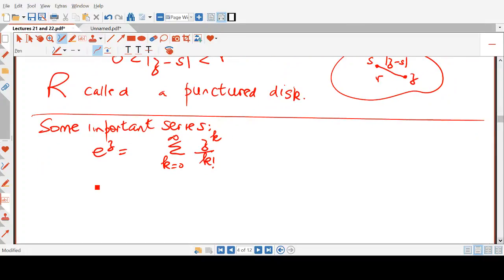Let's take cos z first, because cos z is more interesting. It's the sum of z to the 2k over 2k factorial from k equals 0 to infinity.